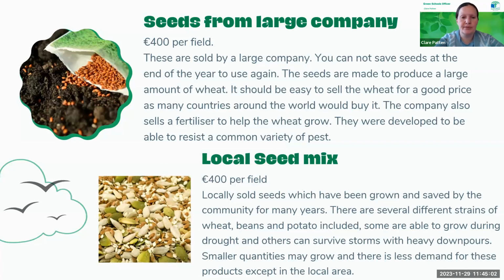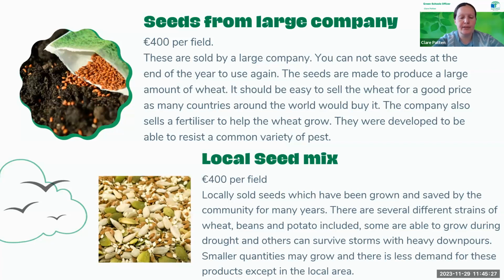Your second choice of seed, and these are the only two types of seed you can buy this year, is a local seed mix. These are the same price as the wheat seeds, €400 per field. So if you do both fields with the local seed mix, that will cost €800. These are all seeds which have been grown in your local community for hundreds of years.